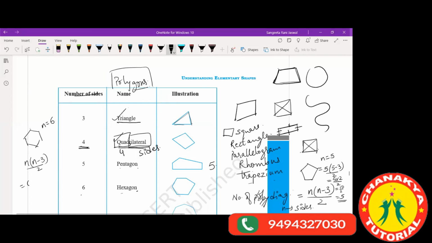So you write 6 into 6 minus 3 by 2. 6 minus 3 is 3. So 6 into 3 is 18 by 2, which is equal to 9. So there are 9 diagonals in a hexagon. So if you know the number of sides of a polygon, you can find the number of diagonals in that polygon.